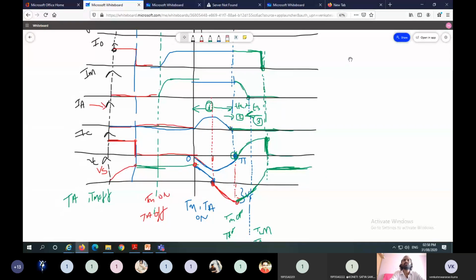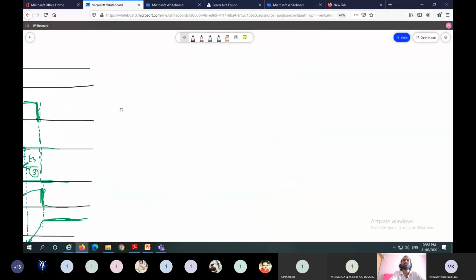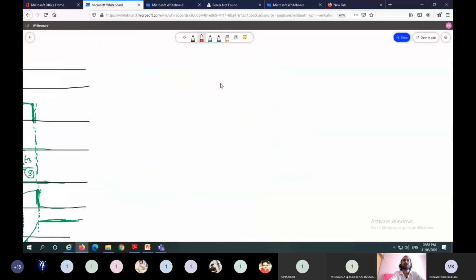So here we have two types of times. Suppose you take a normal SCR, and this SCR is supplied by a sine wave. This one is the sine wave. This one is the negative half cycle.